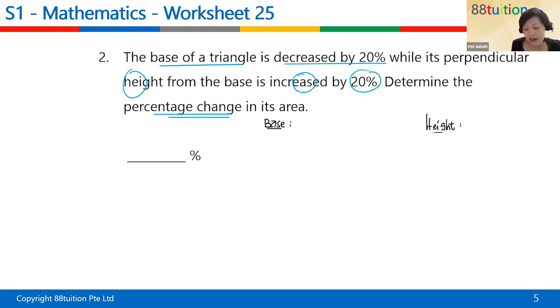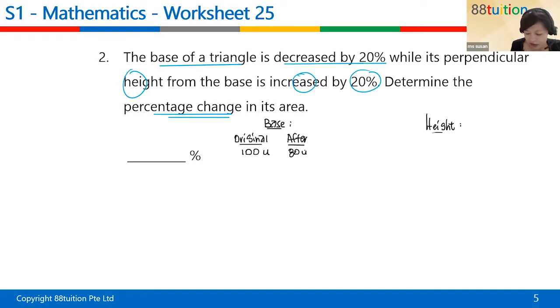He said the base of the triangle is decreased by 20%, means what? Originally, what is my percentage? 100%, right? So I put this as 100 unit. Then after that, it decreased by 20%, so it becomes 80 unit. There is a fall.